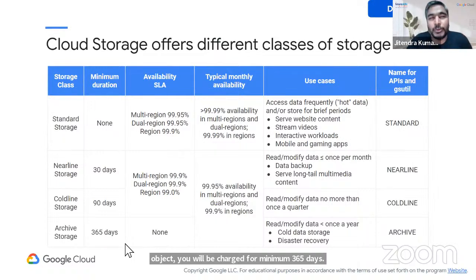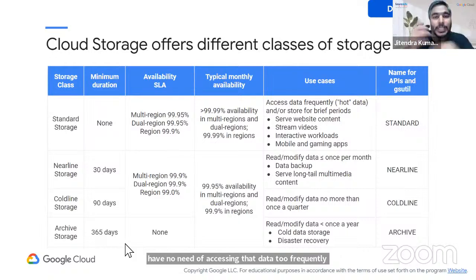So why should you use archive storage? Imagine, to meet your compliance requirements, you have to keep backup copies of all your financial data. You want to store that at extremely low cost, and you have no need of accessing that data too frequently.